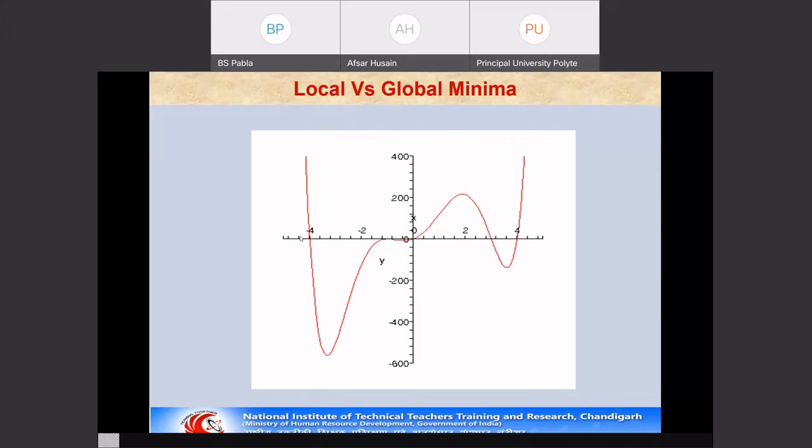If I want to work between -4 and 0, this is my local as well. This is my global minima. Maybe you can get another minima here, near 0. So this is what we mean when we say local minima or global minima. I hope this is clear.